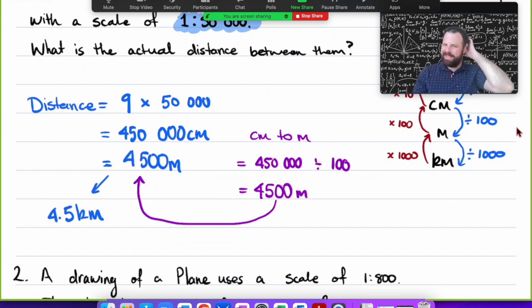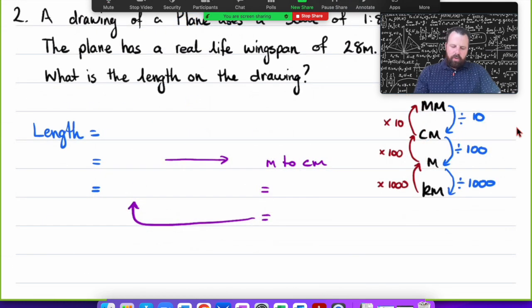And now you can see describing it as 4,500 meters or 4.5 kilometers is more realistic. So that's why we do that last step of converting to a different unit of measurement, even though this is also a correct answer.